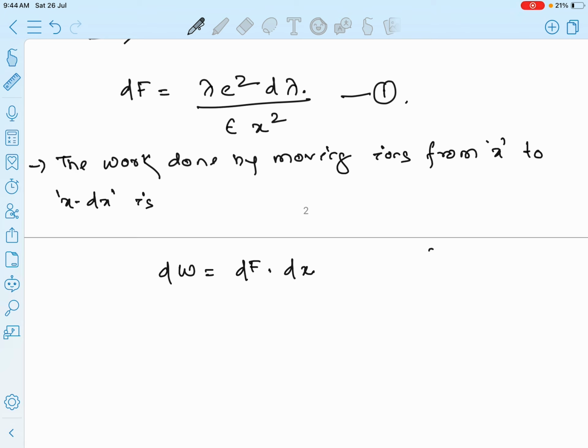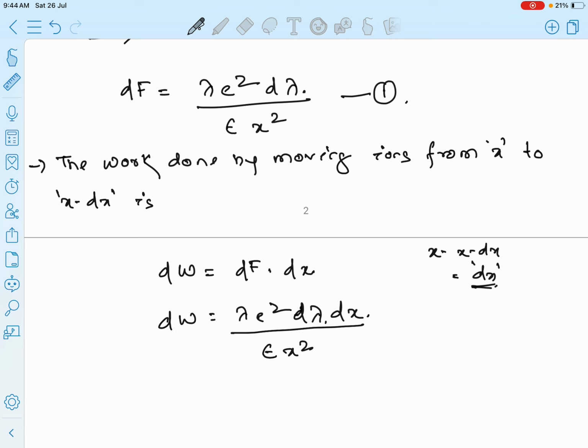That is x minus dx, that is dx, the change in distance, and dF is nothing but lambda E squared d lambda into dx divided by epsilon x squared, and this is your work done, and this is equation number 2.